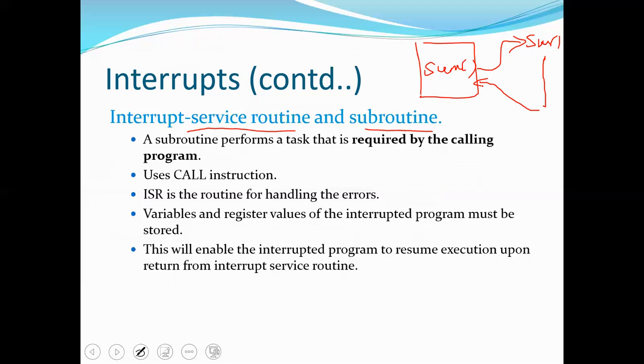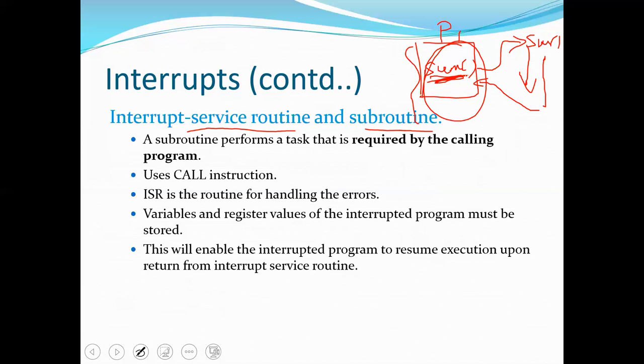This is a user defined function which the program needs to complete the process. The execution of this function is needed by the program P1 to get the output. To complete that particular process it is needed, and hence this function is called by the programmer.